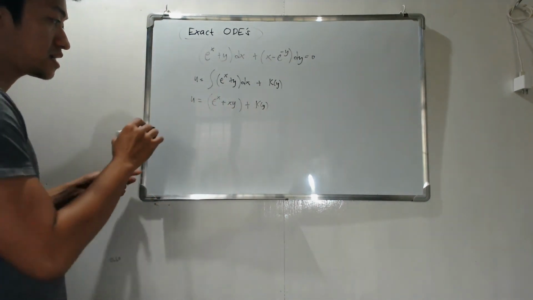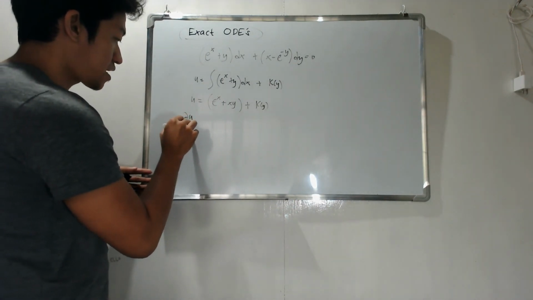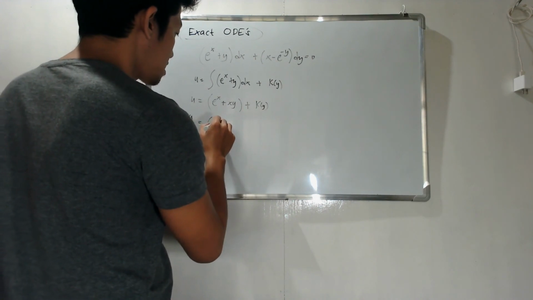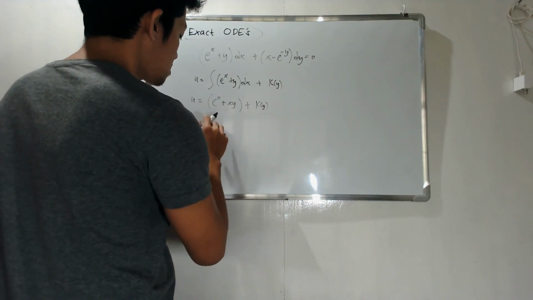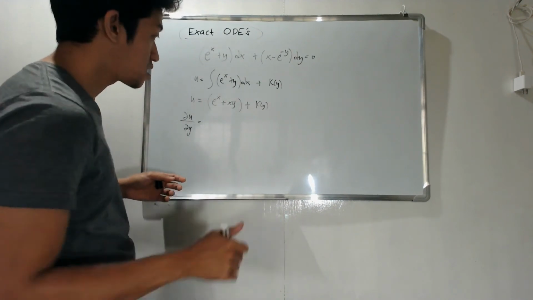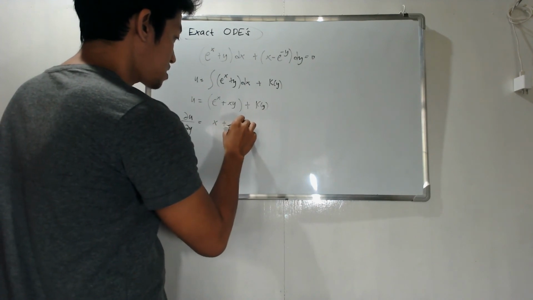Okay, and then differentiate this one with respect to y. So you will get x plus derivative of k.